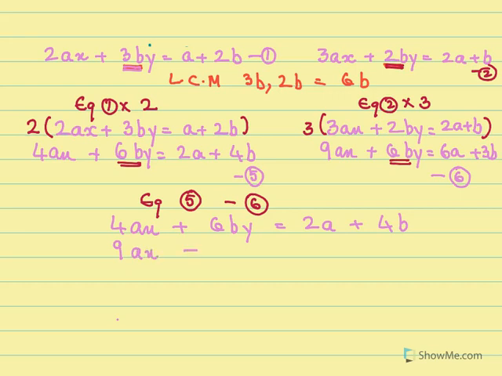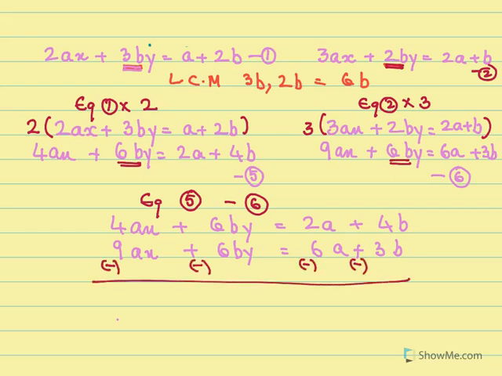And I have 9ax plus 6by equal to 6a plus 3b. And I change the signs here. I will cancel, and in this case I'm going to get now 4ax minus 9ax is minus 5ax equal to 2a minus 6a is minus 4a. 4b minus 3b is plus b.